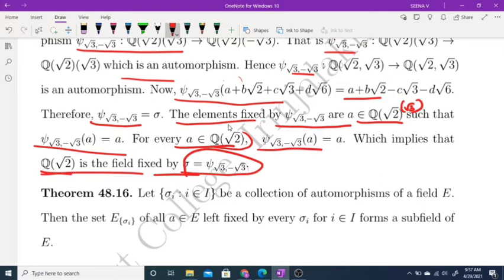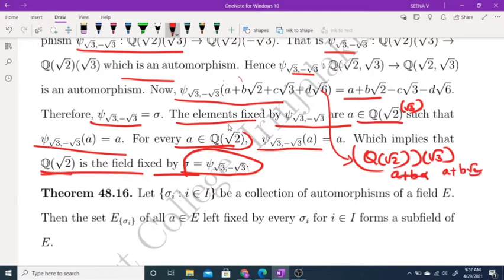Actually, you can write the elements of Q(√2, √3) as a + bα, that is a + b√3, where a, b belong to Q(√2). Elements of Q(√2) are of the form c + d√2, so an element is (c + d√2) + (k + l√2)√3, which means c + d√2 + k√3 + l√6.